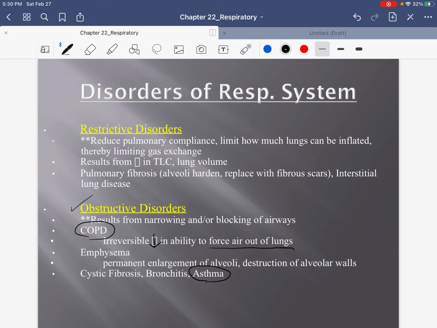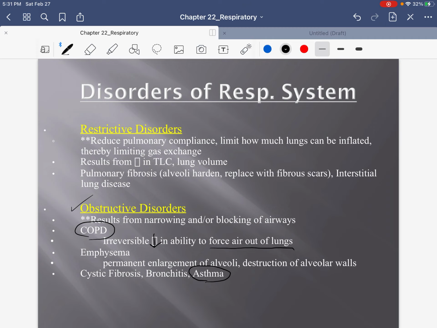So if you have a person with asthma who's having an asthmatic attack, or COPD, it's harder to breathe in both directions, but in particular, it seems to be a little bit harder to breathe out. I've given you other examples, but I've circled the ones that I might use on a test.